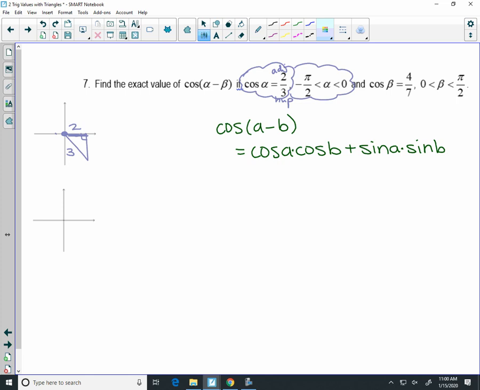And we're going to have to do a little solving here. So, let's see, 2 squared plus b squared is 3 squared. I am going to do Pythagorean theorem here.